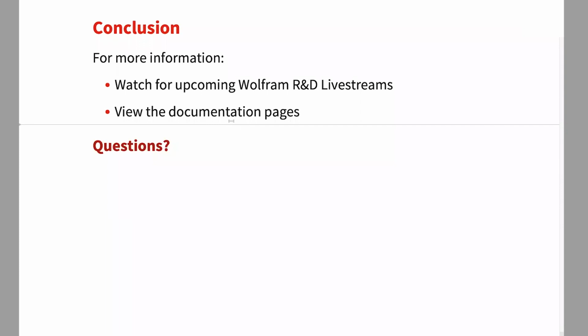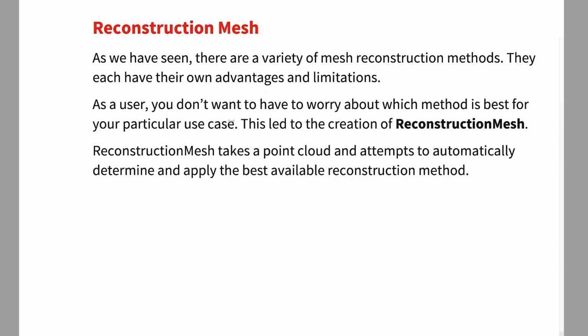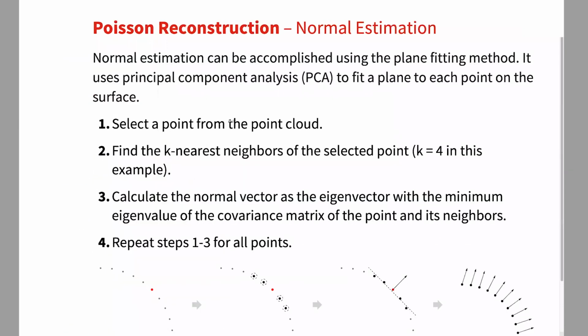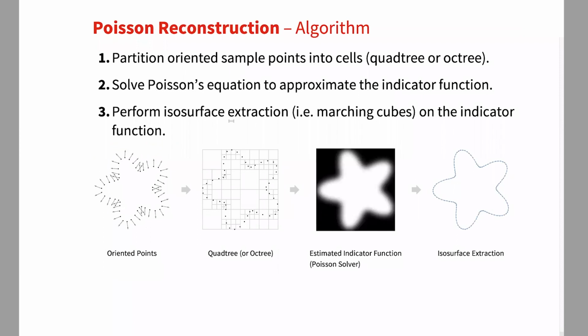For more general meshing, right now Poisson is our best one at that. During the computation of approximating this implicit function, there is some noise reduction. So you have a noisy surface, and it can take care of some of that during this stage before the final mesh is extracted.